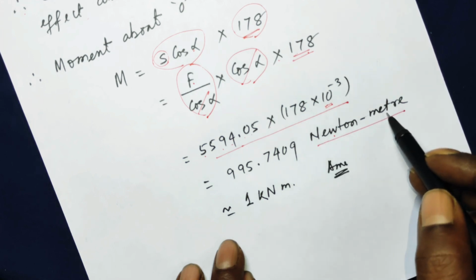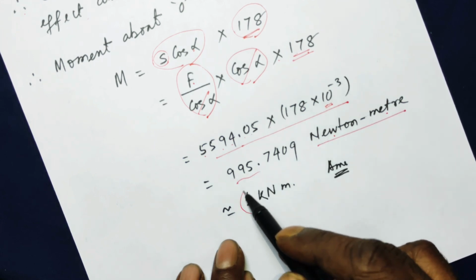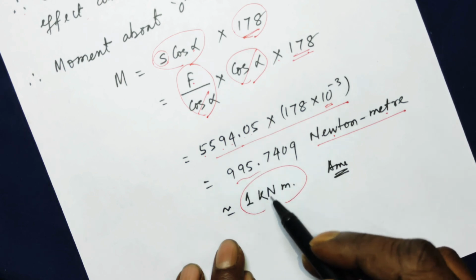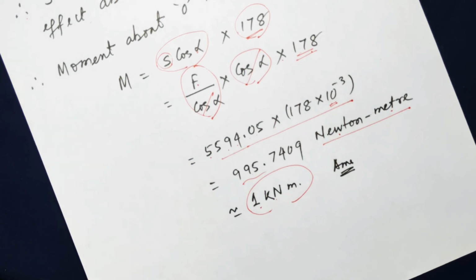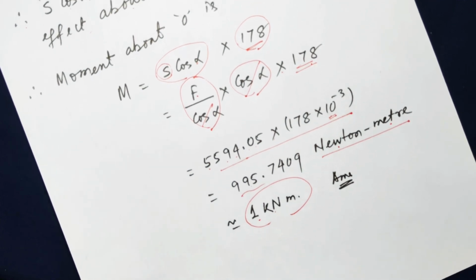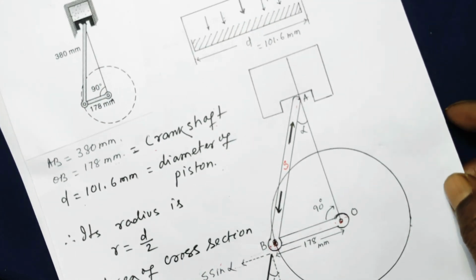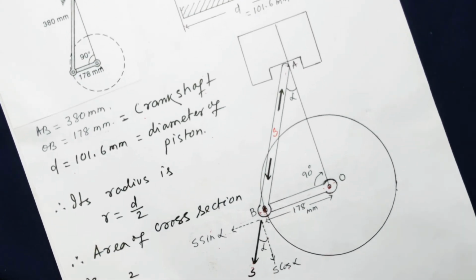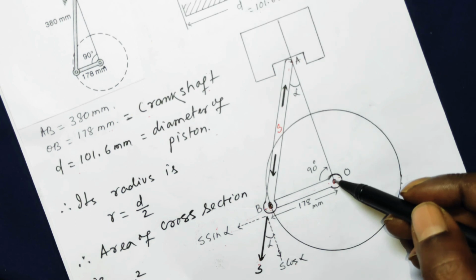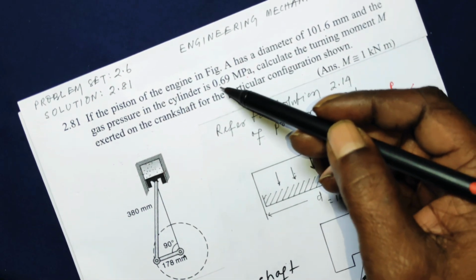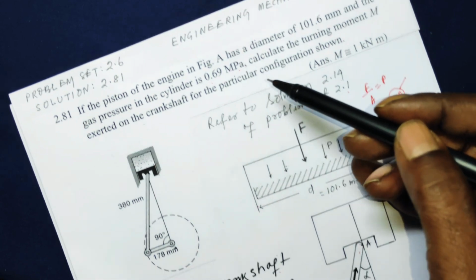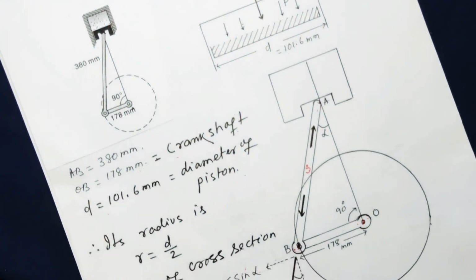Force into perpendicular distance. So this is nearly 1 kilonewton meter, nearly 1000. So 1 kilonewton meter is the torque, the turning effect, developed at the moment center O due to the pressure 0.69 megapascal developed in the piston.